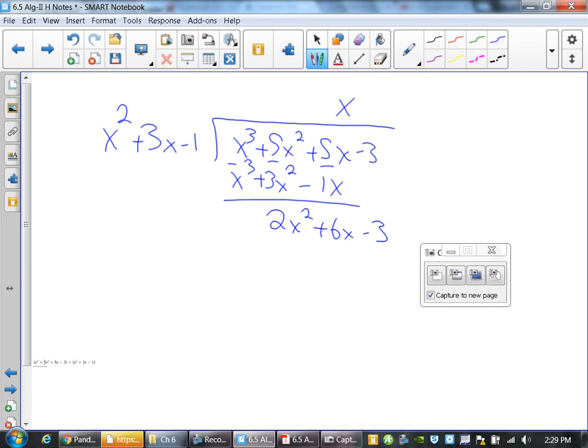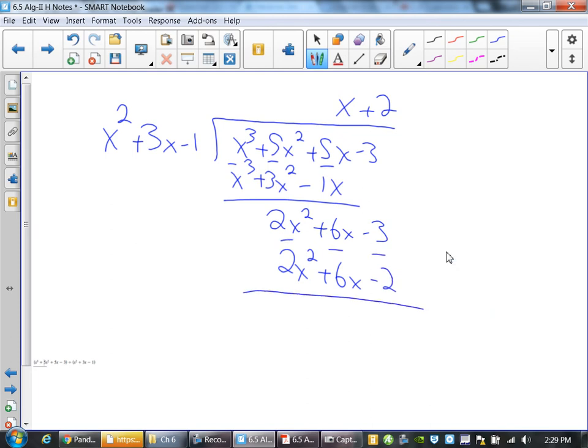We multiply x squared by 2 to turn it into 2x squared. Plus 2. Subtract it out, we get minus 1, and that's my remainder. So it's minus 1 over x squared plus 3x. Yes.